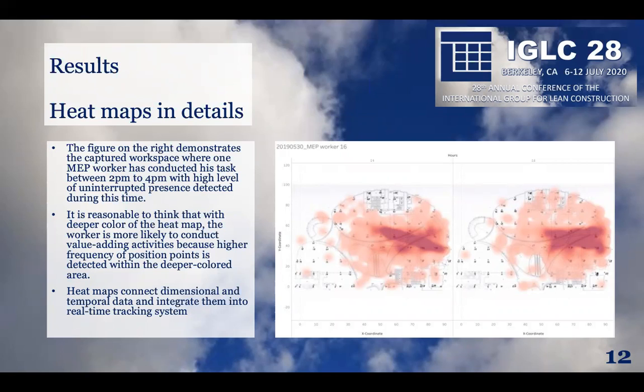The figure on the right demonstrates the captured workspace where one MEP worker conducted his task between 2 p.m. to 4 p.m., based on the high level of uninterrupted presence detected during this time. So it is reasonable to think that with a deeper color on the heat map, the worker is more likely to be doing value-adding activities, because of a higher frequency of position points detected within the deeper colored area.